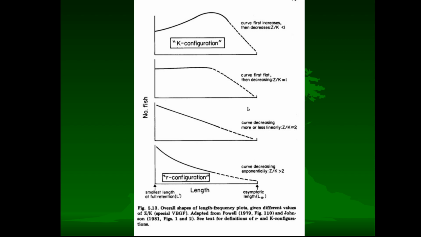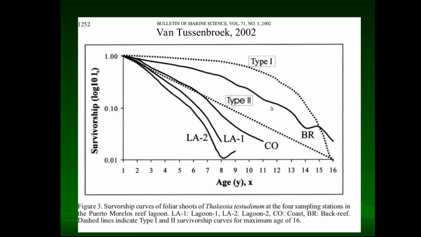So a nice example of survivorship curve analysis is Tussenbroek's 2002 paper on the seagrass Thalassia, in which is shown that some populations tend to have more K-shaped curves, K-selected curves, like this type 1 curve here, a high survivorship until advancing age happens, and then you have a collapse.